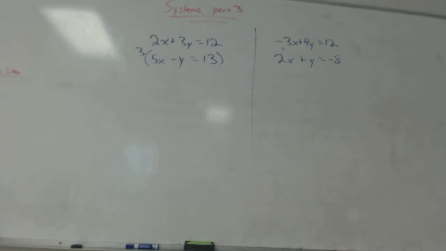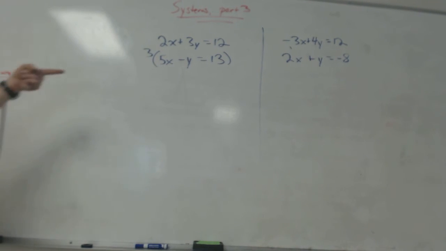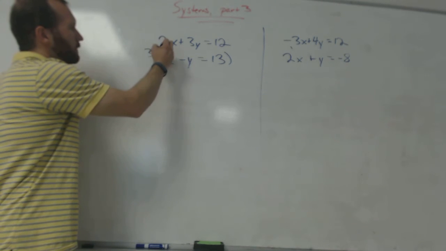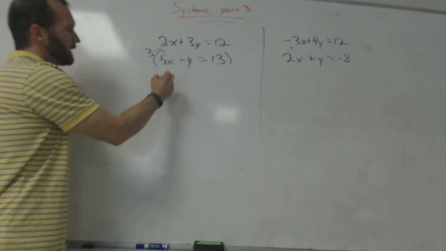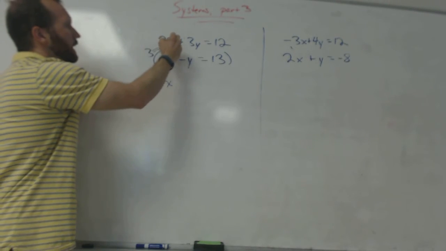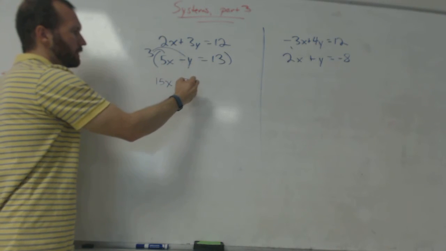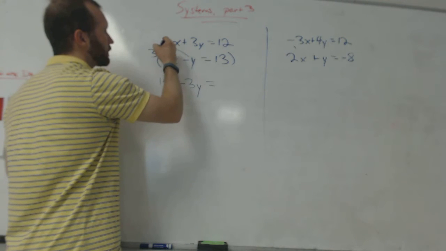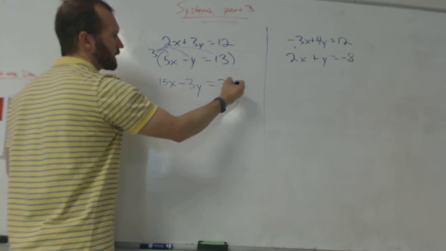If I multiply the bottom equation by 3, I get 3 times 5x is 15x. 3 times negative y is negative 3y, or minus 3y, however you want to say it. And then 3 times 13 is 39.